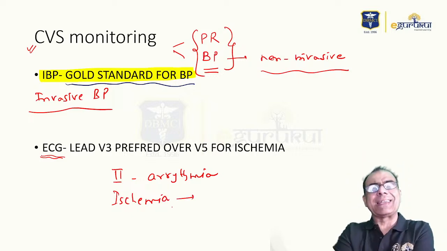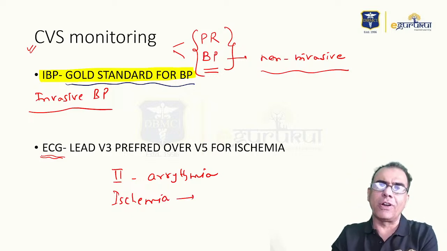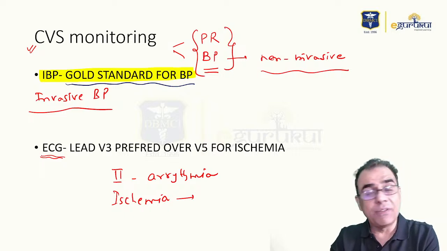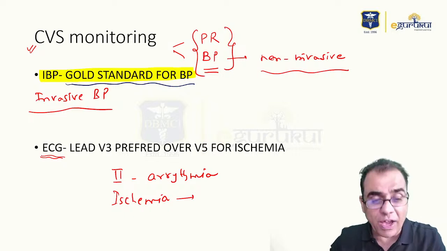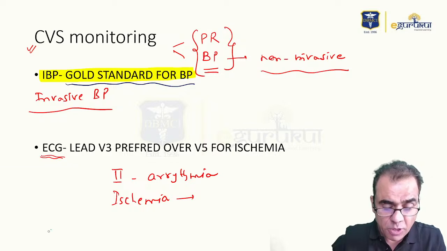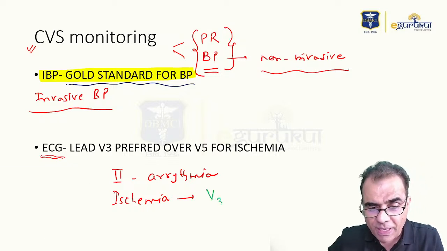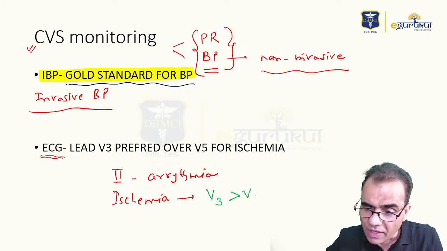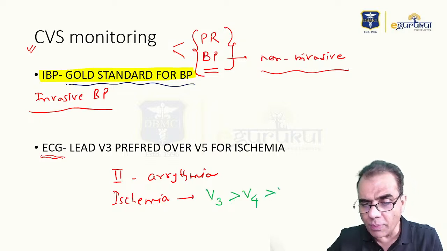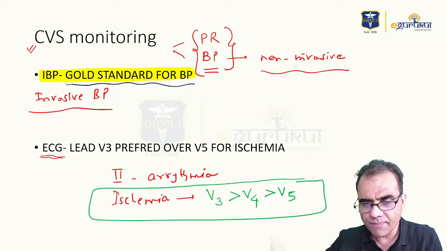And you know that the standard practice for detecting ischemia is that we used to prefer lead V5. But now it has been proven V3 is best. Even V3 or even V4 is also better than V5. Again, a very, very important change on which you can expect a question.